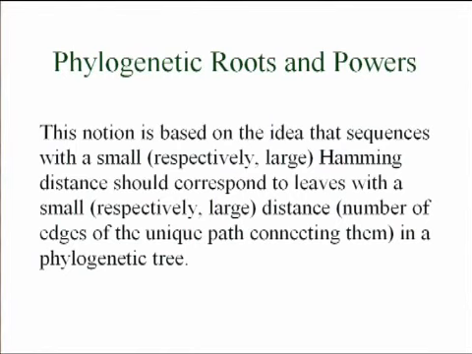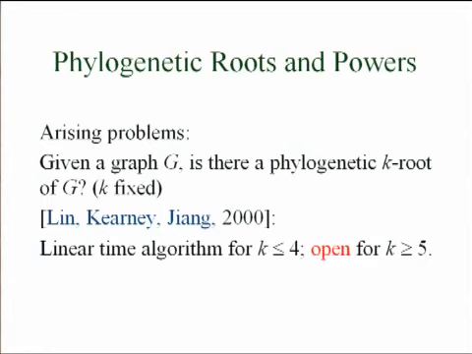And distance between sequences is the number of places where they differ. It's the Hamming distance, and the distance in a tree is just the number of edges of the unique path joining two vertices.